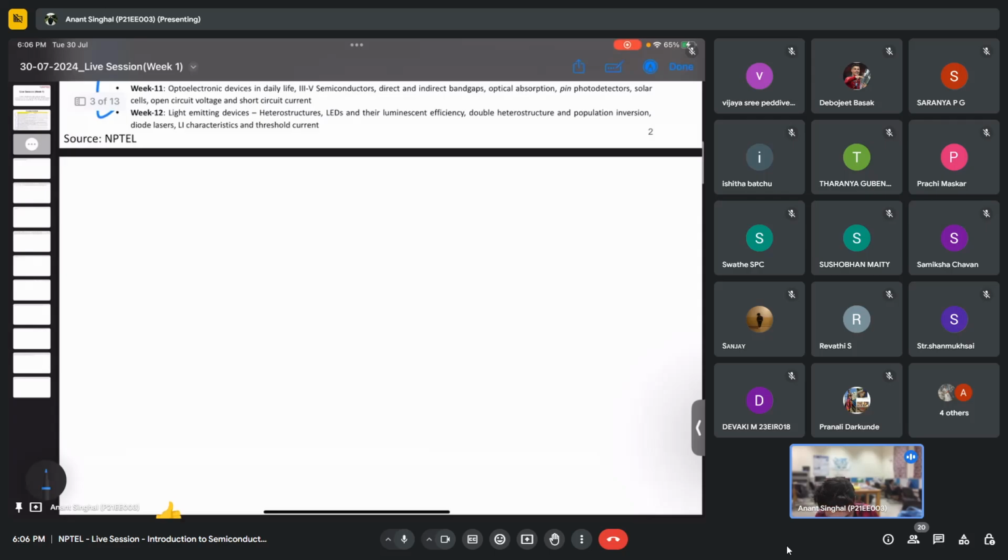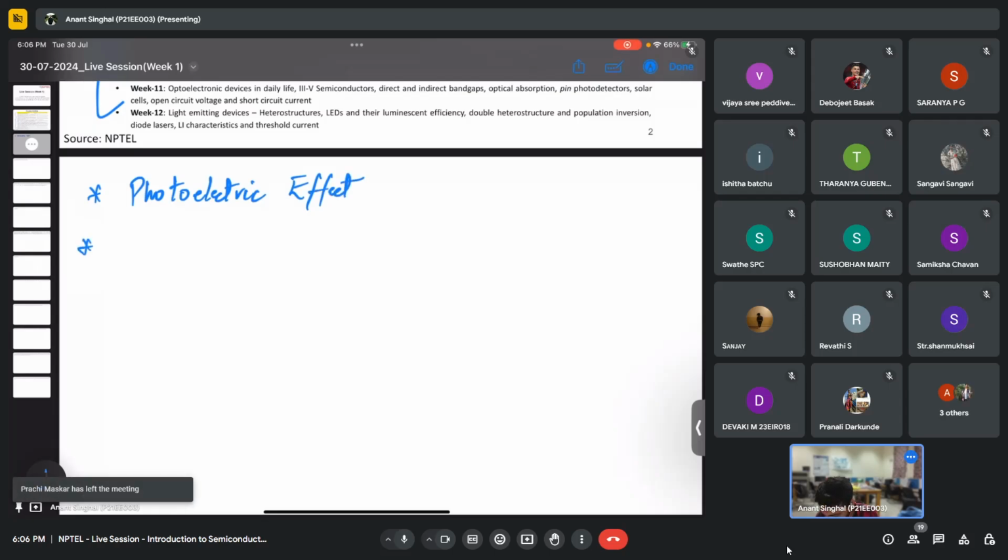So in the initial topics of the chapter, what we have learned is some very basic topics. The photoelectric effect was the first topic covered in the course. Then you might have read about the wave-particle duality principle, that an electron can act both as a wave as well as a particle.